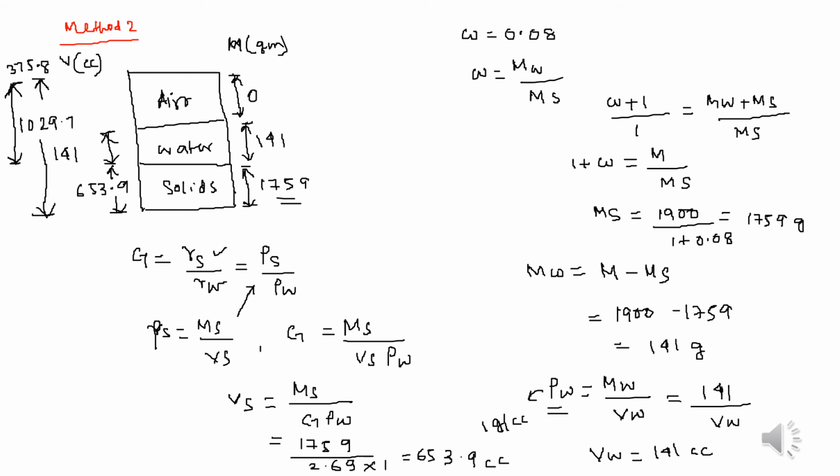already given in this phase diagram a diagrammatic view of the different volumetric and gravimetric components of air, water and solids. So now we will solve what is asked in the problem by looking at this diagram only.